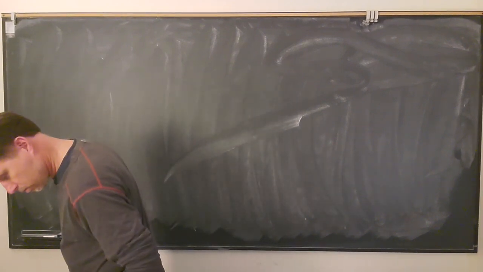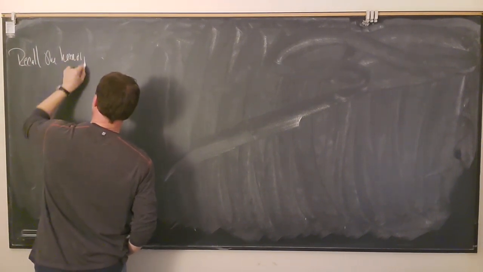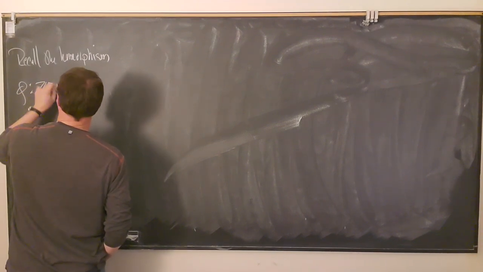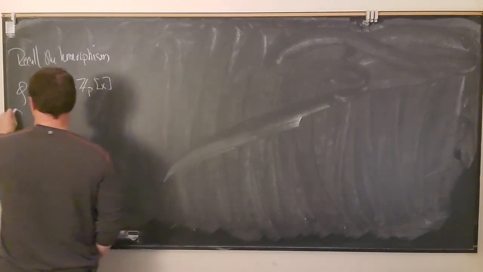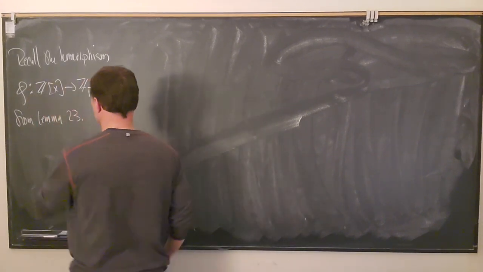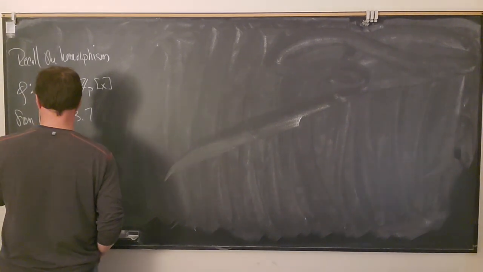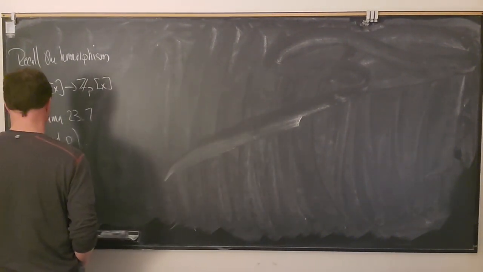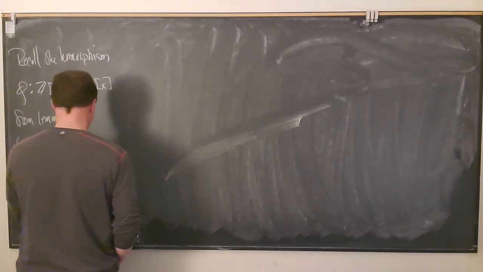And so let me just remind you, recall the homomorphism, which we called phi, from Z[x] to Zp[x], from Lemma 23.7, where we reduce the coefficients mod p, and we're going to use this notation: phi of f of x equals f bar of x.